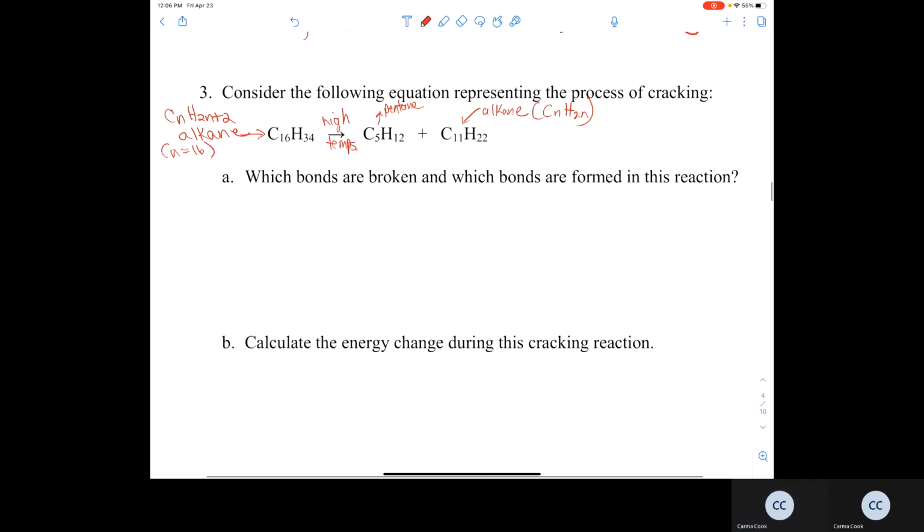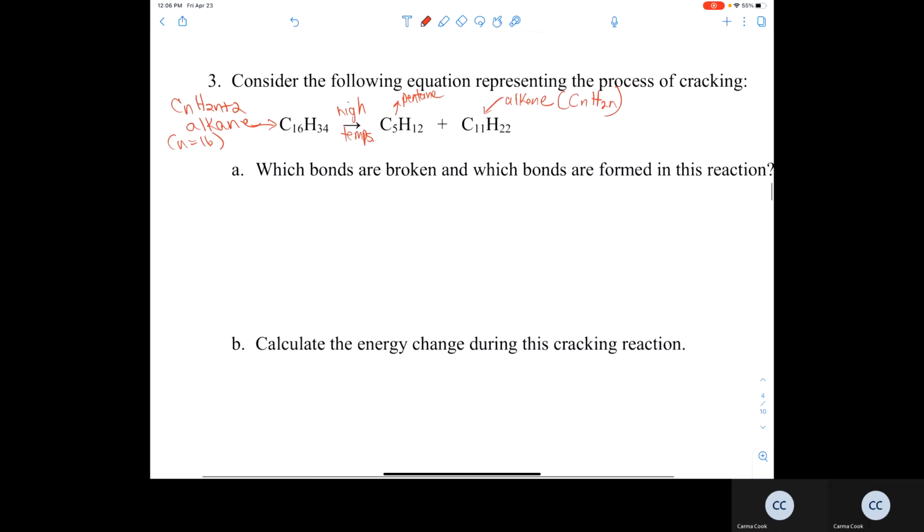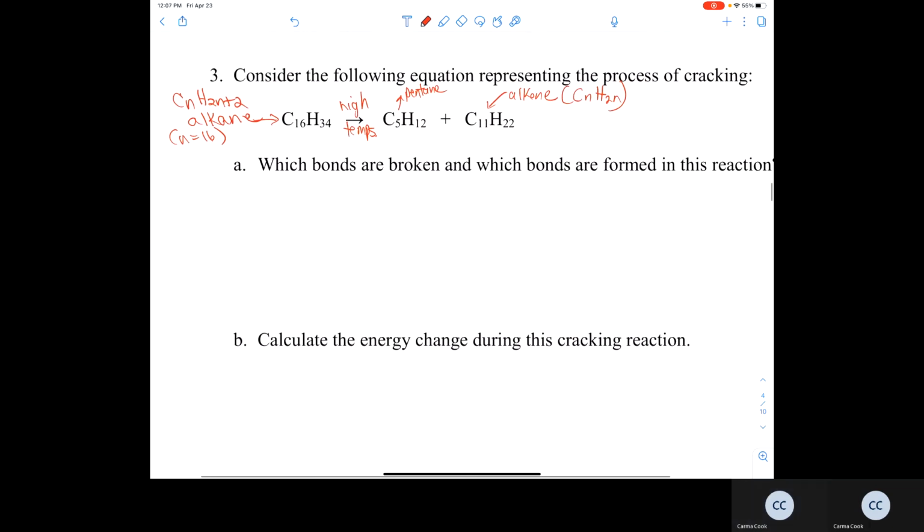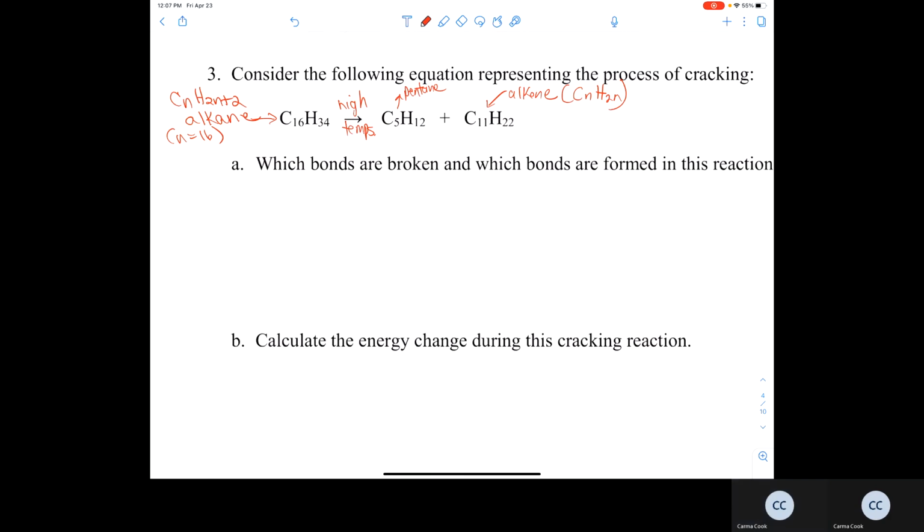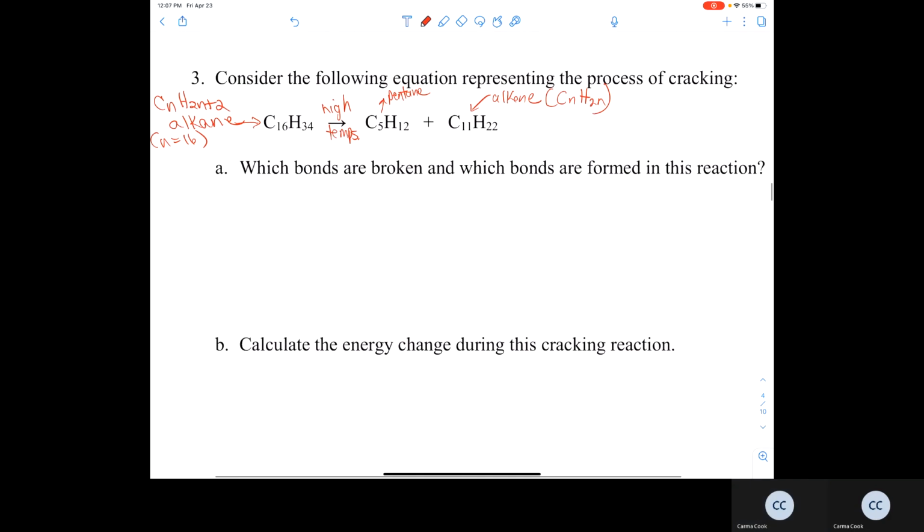Well, when we take a look at bonds broken, we've got 16 carbons in our alkane that we're going to crack or break up. So let's draw our 16 carbons.